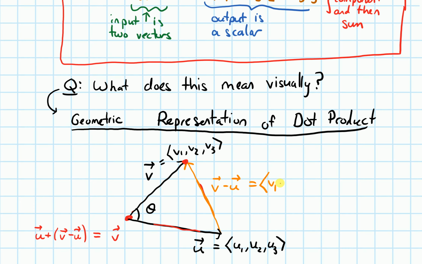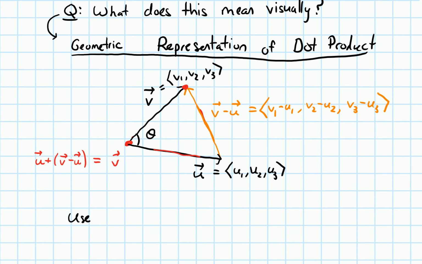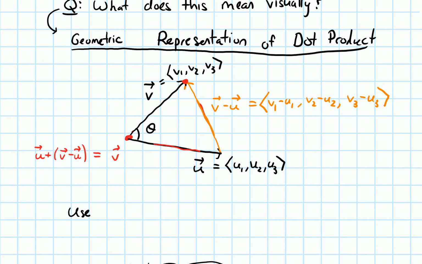So it would be v1 minus u1 for the first component, v2 minus u2 for the next, and v3 minus u3 for the last. So I have vectors representing each of the sides of this triangle. What we will do with this triangle is use the law of cosines.